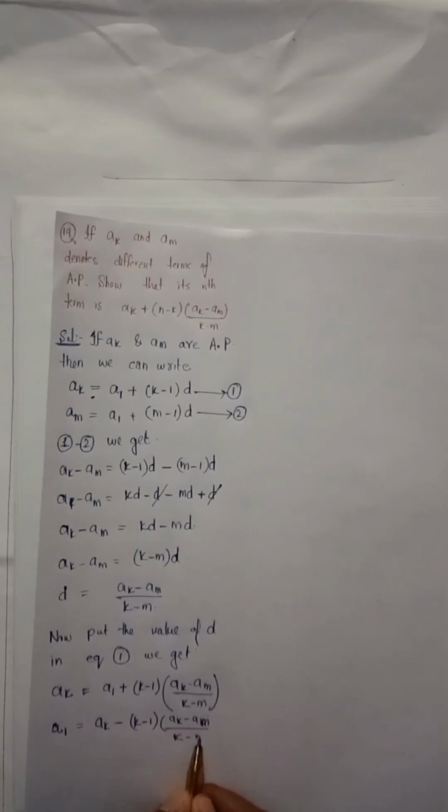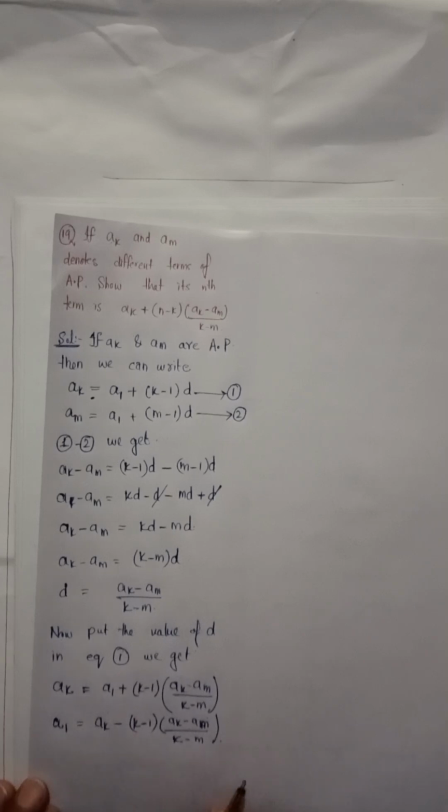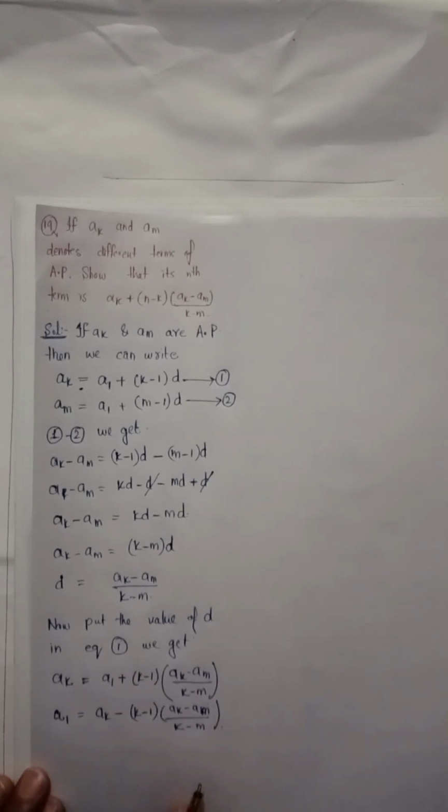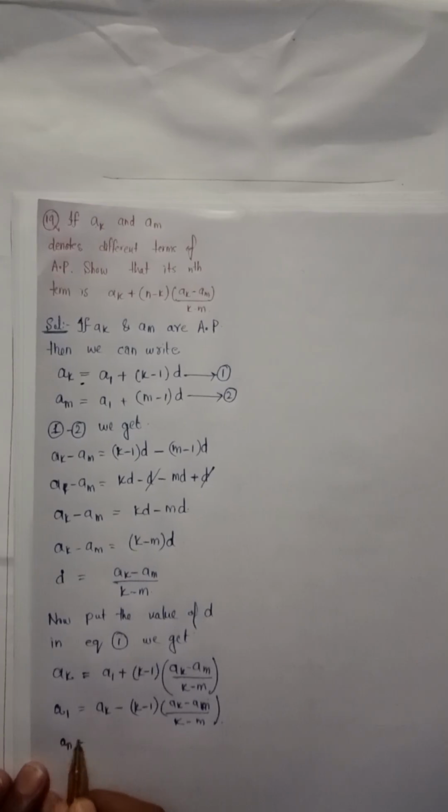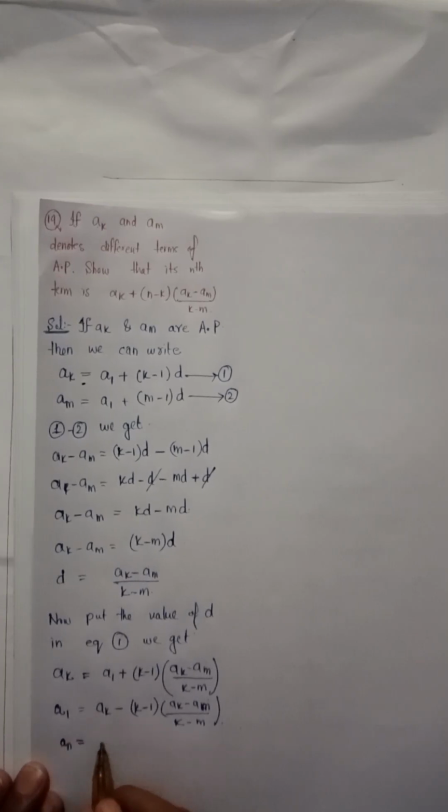Now we want to write the nth term of this arithmetic progression by our famous formula a1 plus (n minus 1) into d.